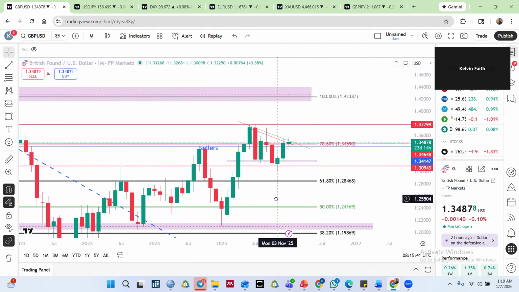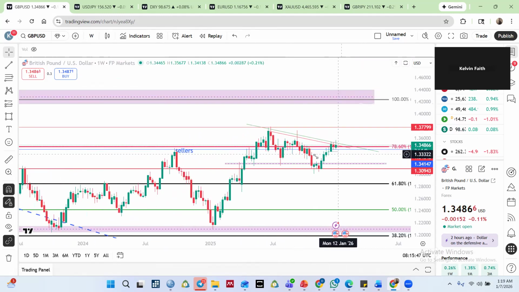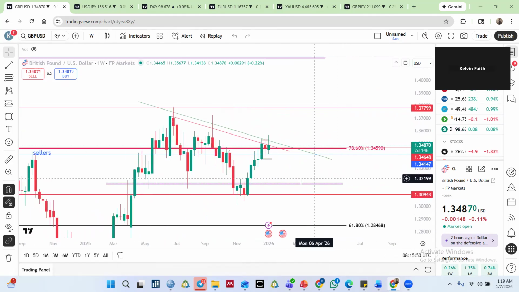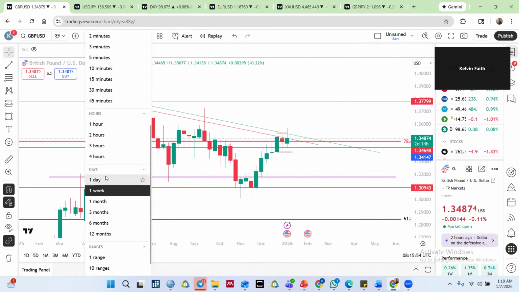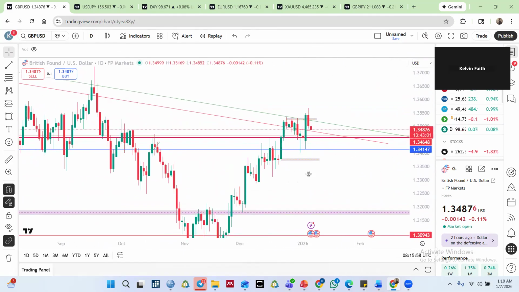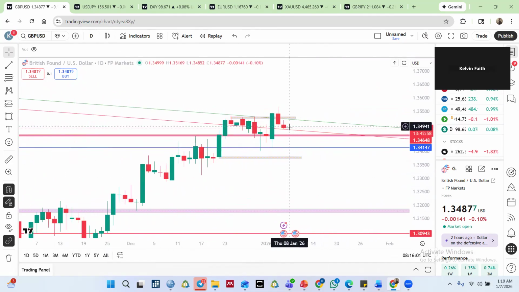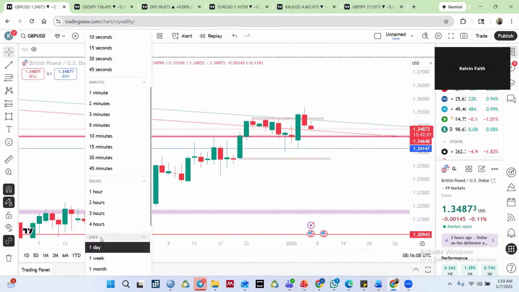Okay, from the monthly time frame, let's see what is going to happen. Weekly time frame, we're not bearish yet, so it still has room. The daily time frame has not given a break of structure or change of direction yet, but it is possible it can do that. The weekly time frame has not done that yet. The monthly time frame has not done that yet.